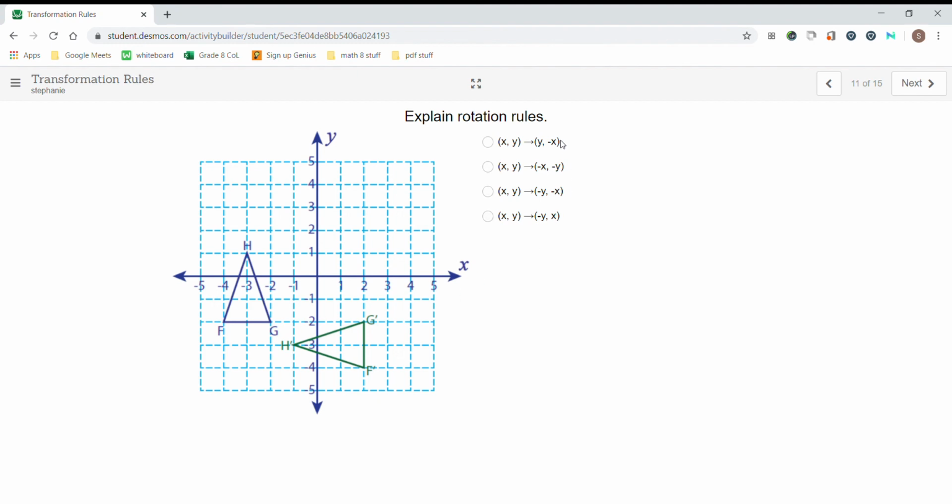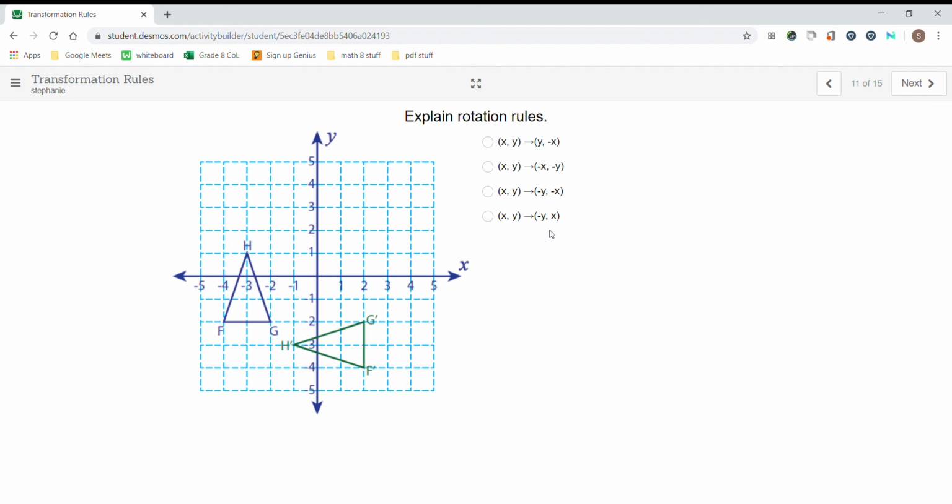So I'm going to look up here and look at the ones that say I flipped spots. Well, it's either 1, 2, or 3. We just need to figure out what happened with those values. If I had, in the beginning, negative 3, 1, and it is now negative 1, negative 3, my negative 3 stayed negative.